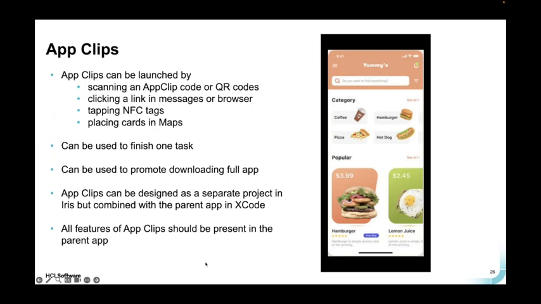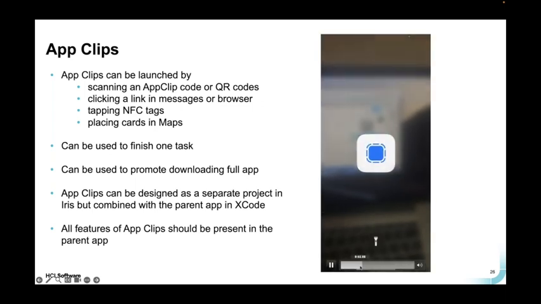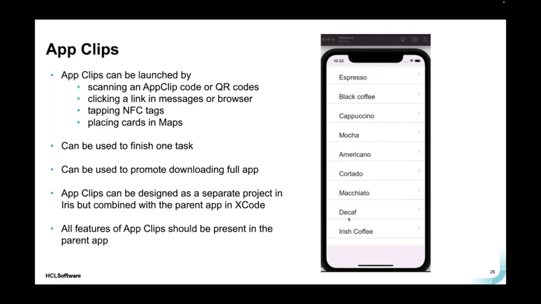And this can also be used as a promotional thing: I have all these wonderful services, but you're only using this. I'm showing this, and at the same time having a marketing content of more capability showing behind the scene. So here, this is showing an app clip where somebody scanned something and they're just ordering coffee.